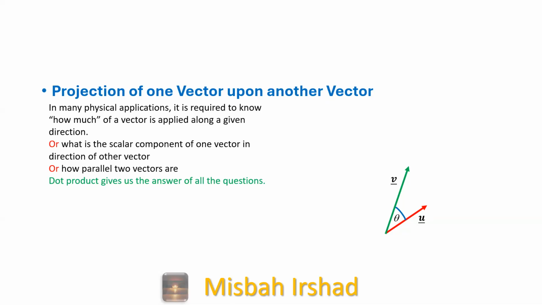Suppose we have two vectors u and v, and the angle between the vectors is theta, and we are required to find the projection of vector u onto vector v.